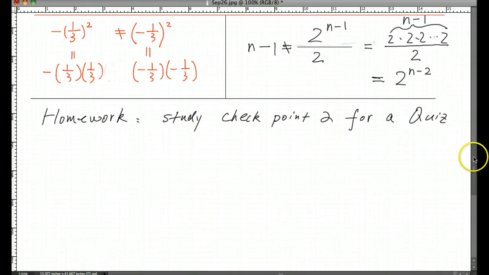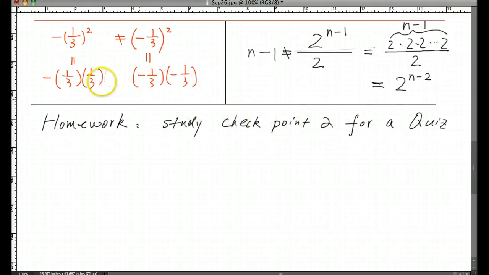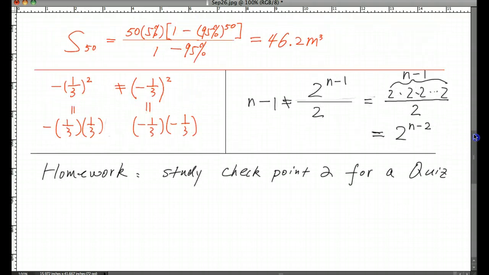Okay, then we come here. This is just a question students might frequently have. Sometimes students ask if we need to put brackets, because this formula needs a power operation on the r, right?